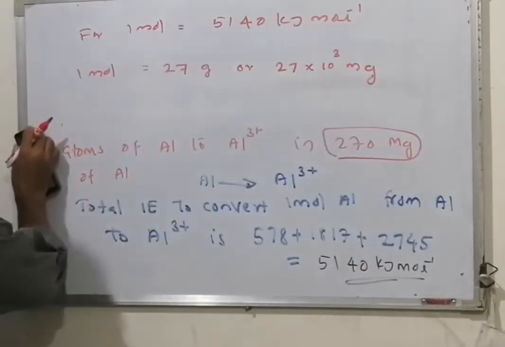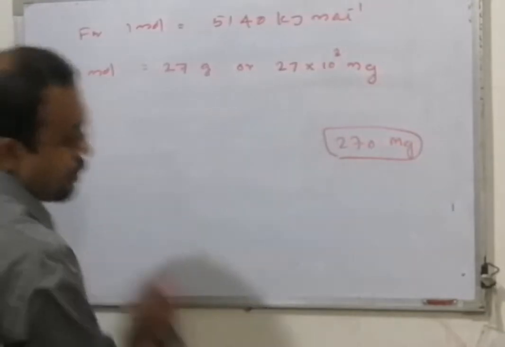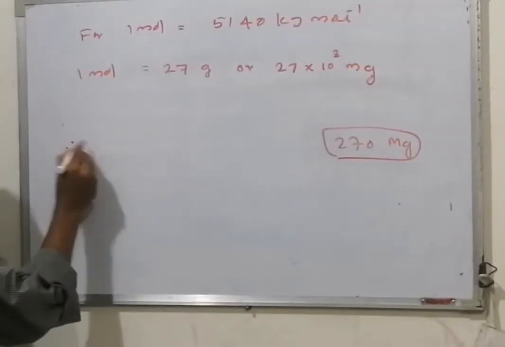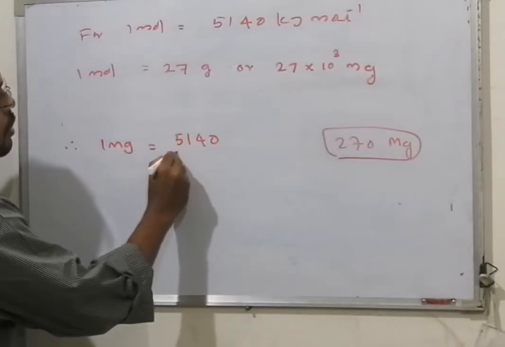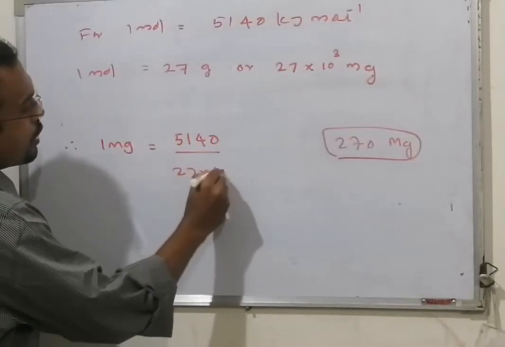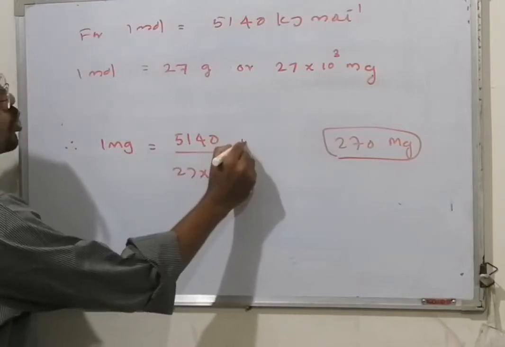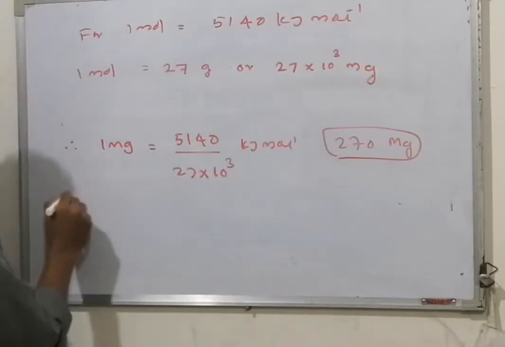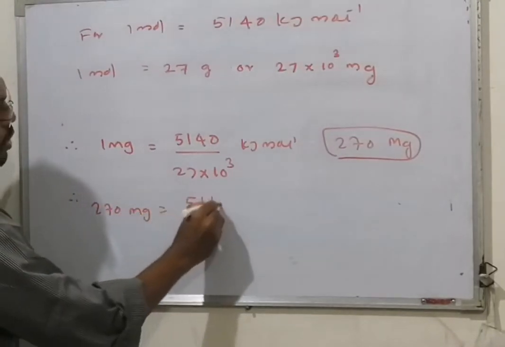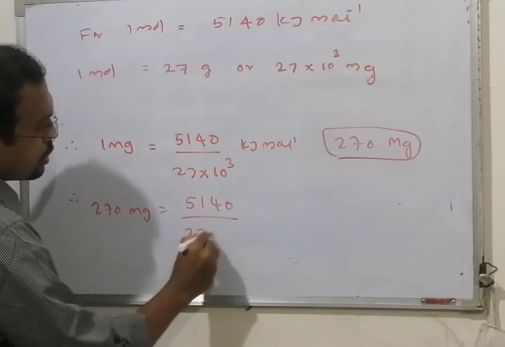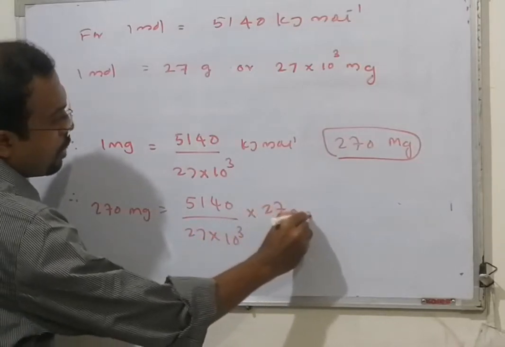Fine. Therefore, for 1 milligram, how much energy? 5140 divided by 27 into 10 raised to 3 kilojoule. Therefore, 270 milligram requires 5140 divided by 27 into 10 raised to 3, into 270 milligram.